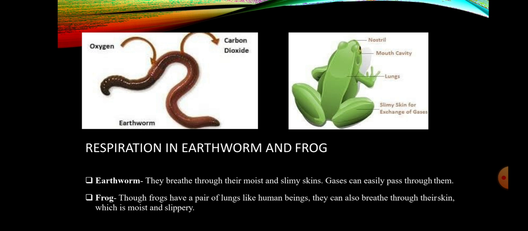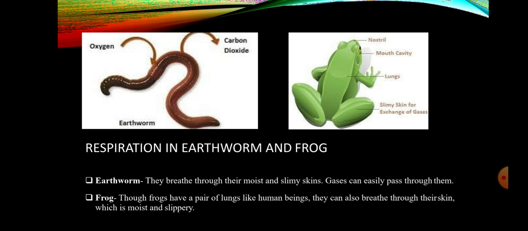And we are going to learn the respiration of the earthworm and frog. The earthworm's skin is moist and slimy and it has many holes, so the gases can easily pass through its body.